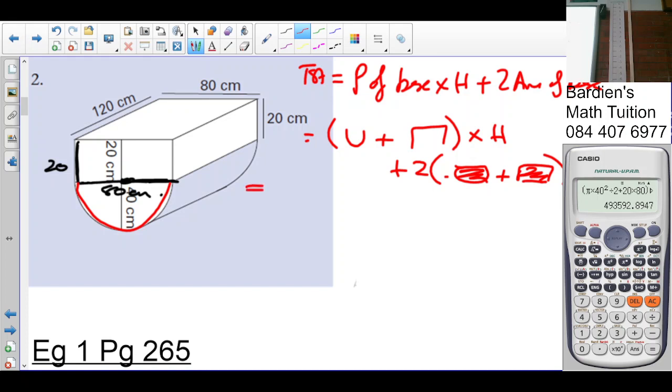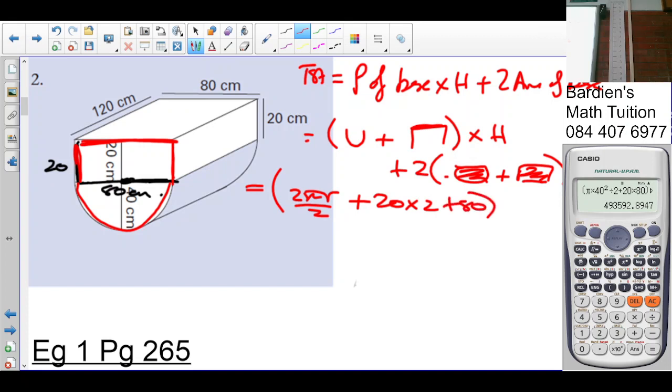Alright, so a semicircle, how do you calculate the perimeter of a circle? 2 pi r divided by 2, because that's semi, because that's the half, plus that length is 20, there's 2 of them, so it's 20 times 2 plus this cross part there, so they give you 80.